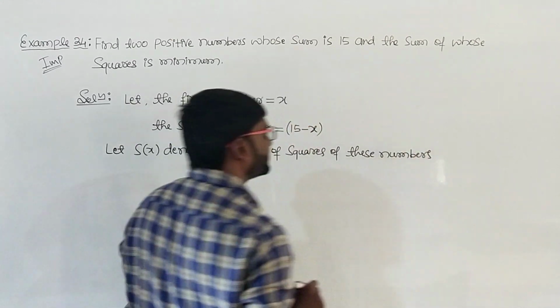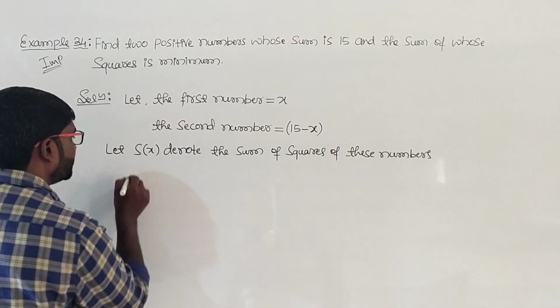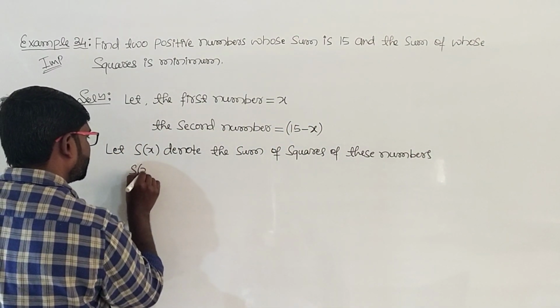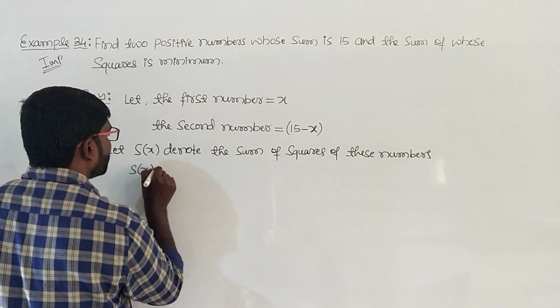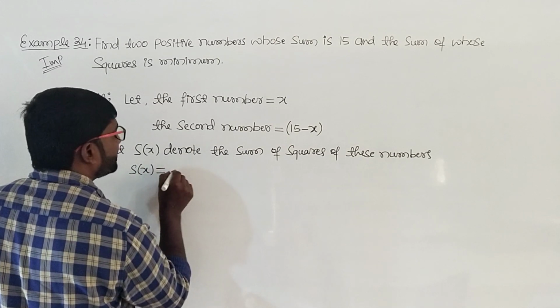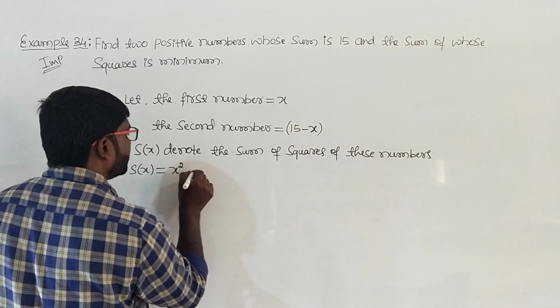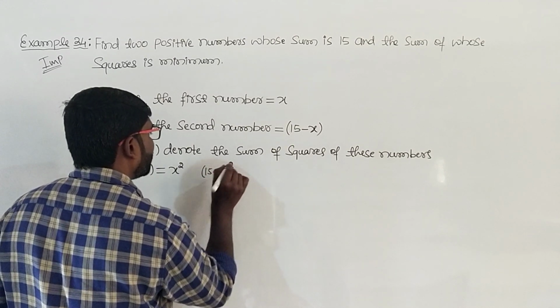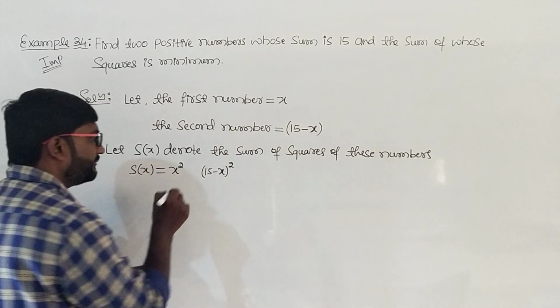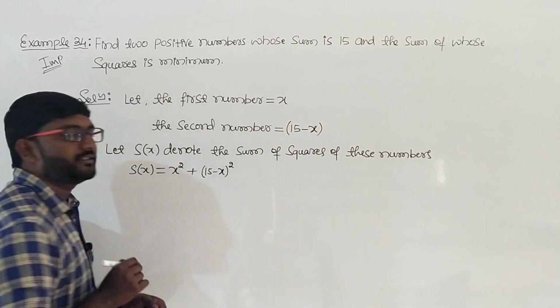The sum of the squares of these numbers, that is S of x, equals x square plus 15 minus x the whole square. I have taken the square of these two numbers and then we have to take the sum. That is why I am writing the plus sign.